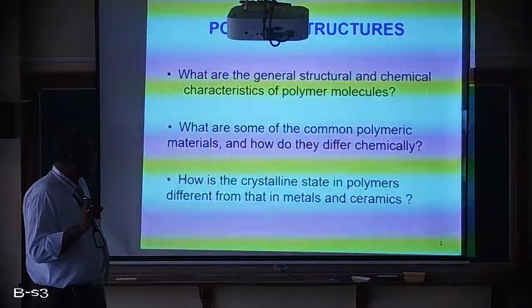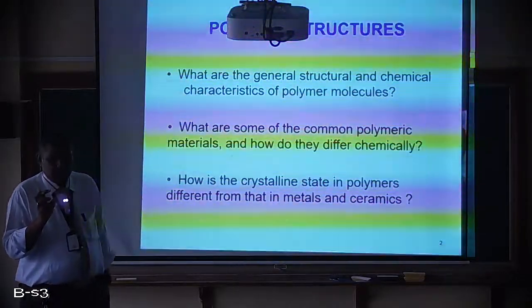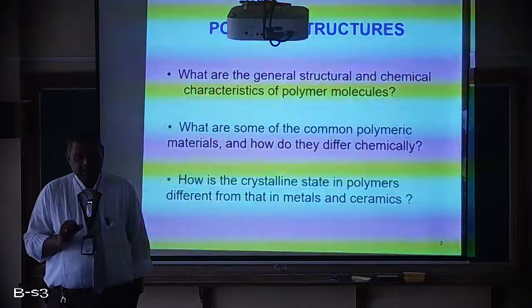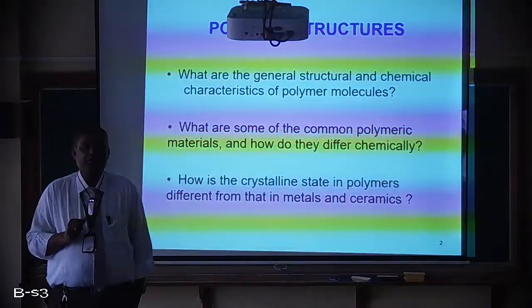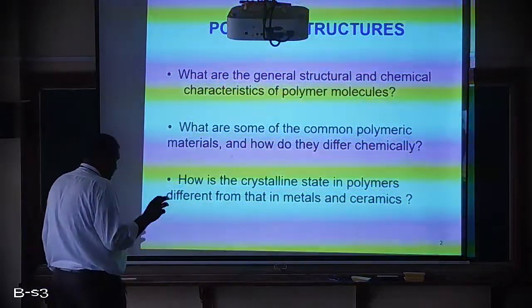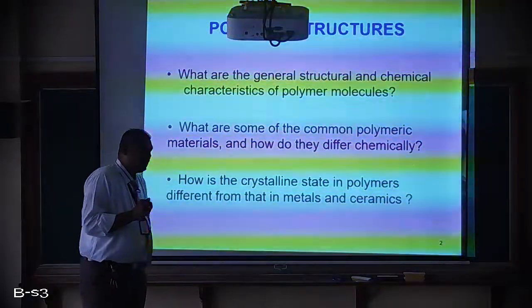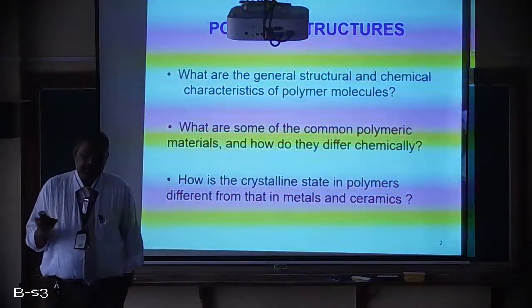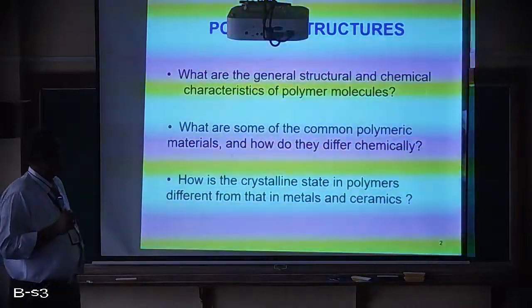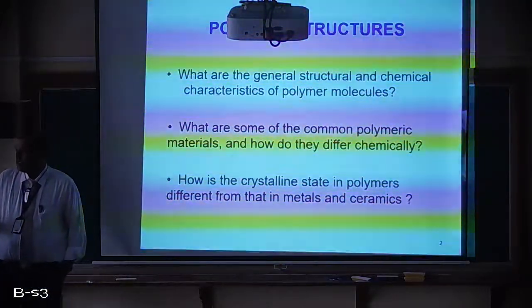Some polymers can be converted to crystalline, and some are a combination with non-crystalline. According to the need and application, by the degree of polymerization we can try to control the crystalline structure, but it is a little difficult and more complex. So these are the polymeric structures.